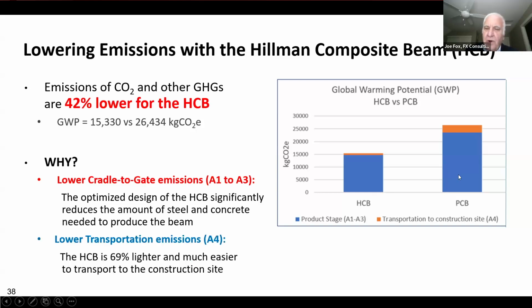Then you've got the orange part, which really translates into lower transportation emissions. Step A4, the HCB is 69% lighter and much easier to transport to the construction site, and that reduces the transportation emissions by 69%. So overall, 42% lower.